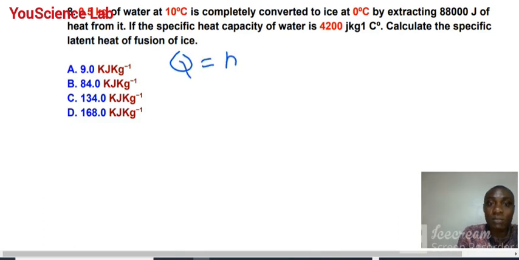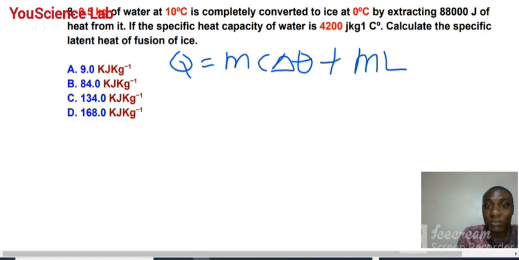So the heat extracted, Q, is equal to mc delta theta plus mL. So here my m is 0.5.